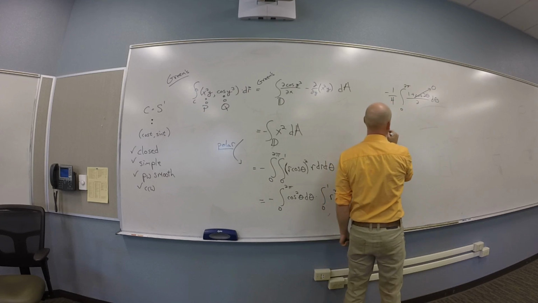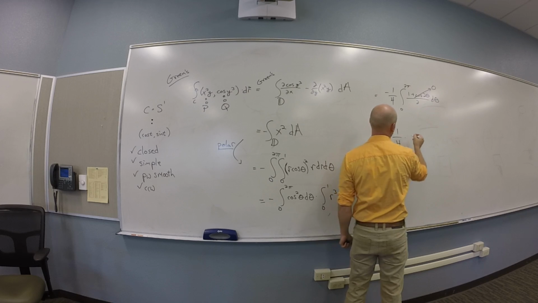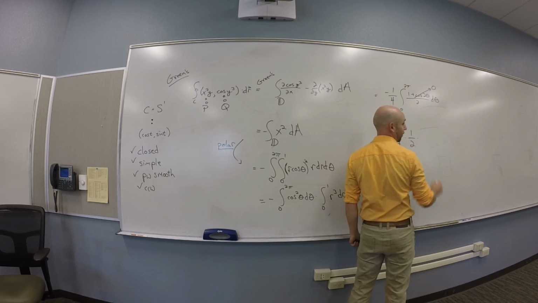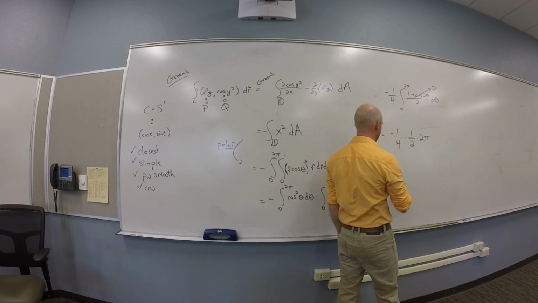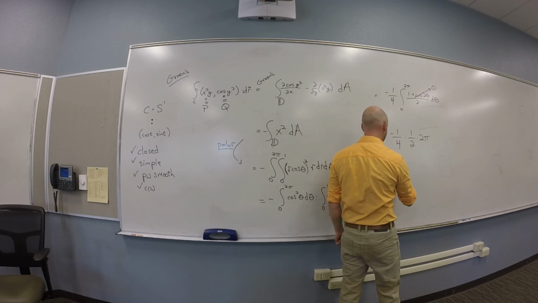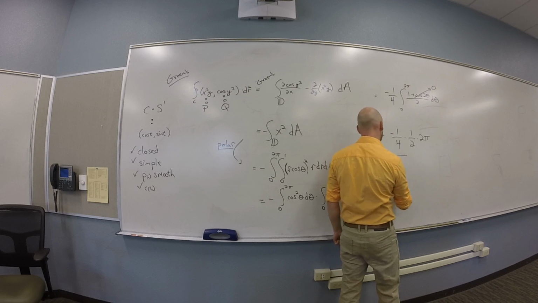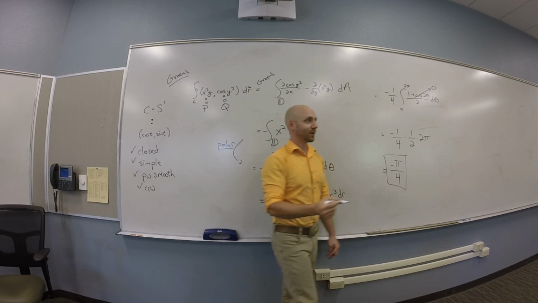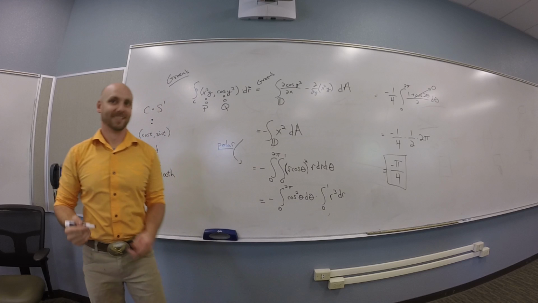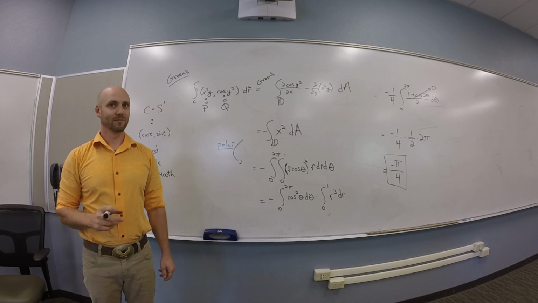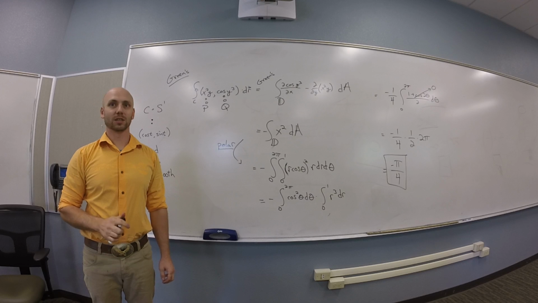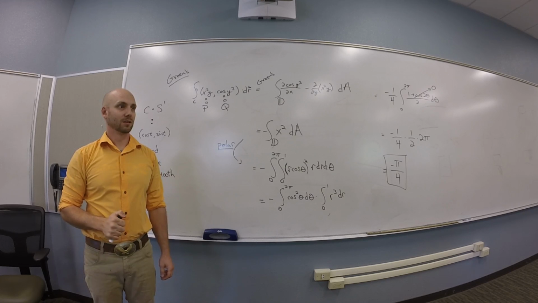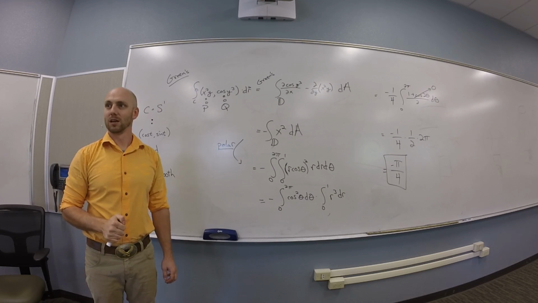So you get 1/2 times 2 pi. So I got minus 1 over 4 times 1 over 2 times 2 pi, which is negative pi over 4. And the fact that it was simple is how you know you did the right thing. Cool? Questions? Okay, cool.